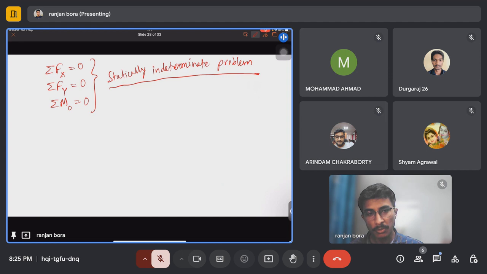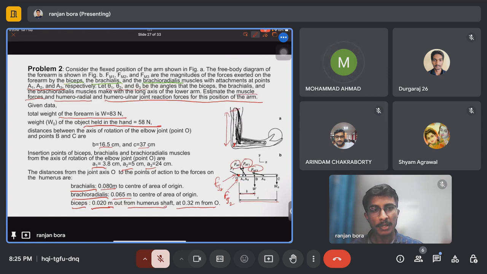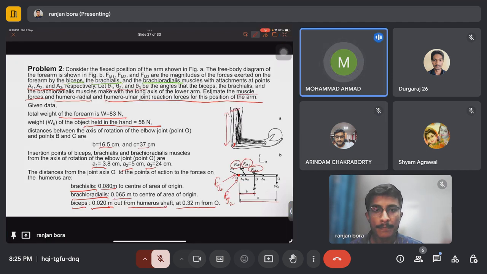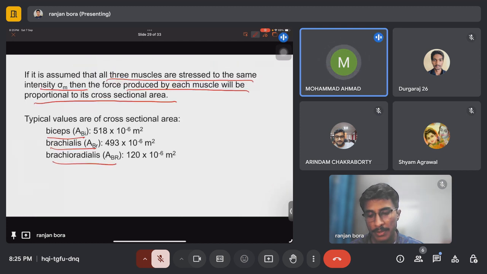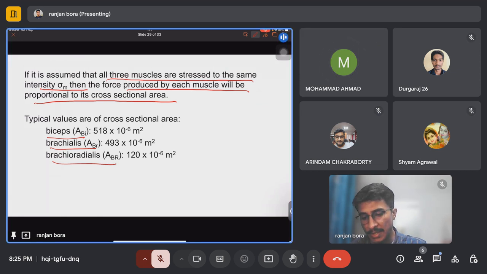Sir, is it okay to assume that these stresses are the same? Does it come near to reality? This sigma m is the stress intensity. I have taken this statement from the slide, and I think Sir has taken it from the literature.